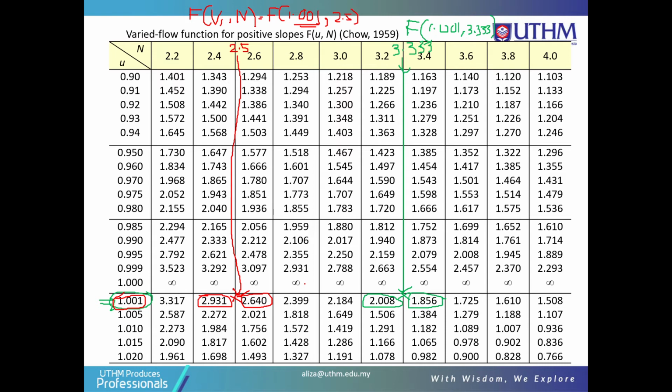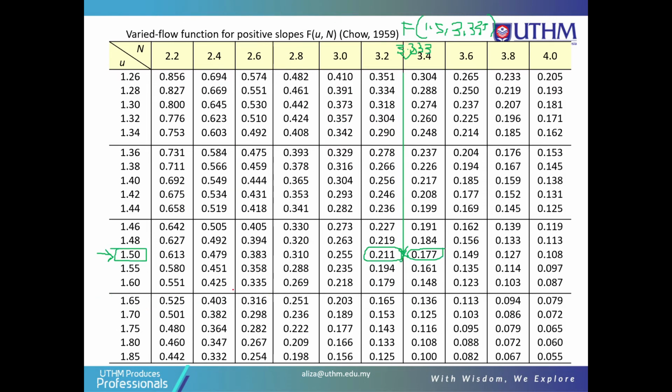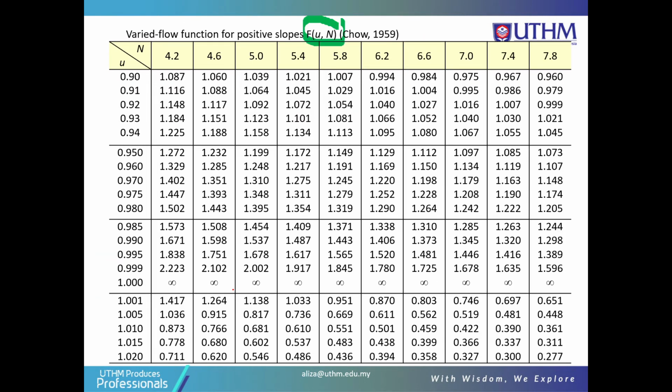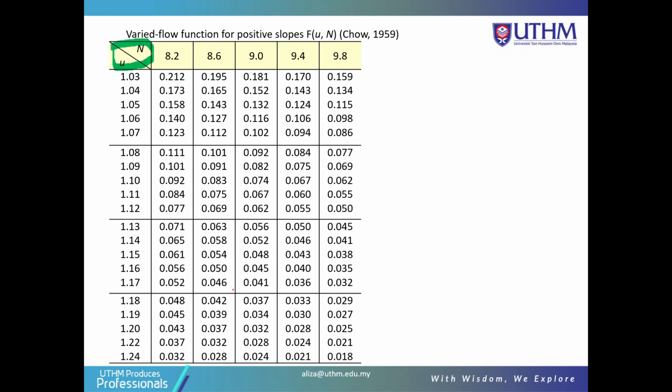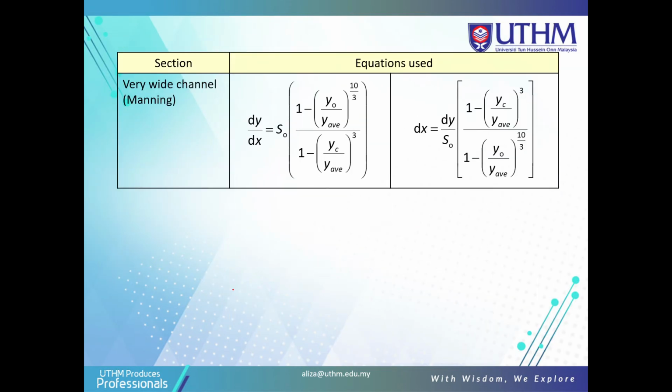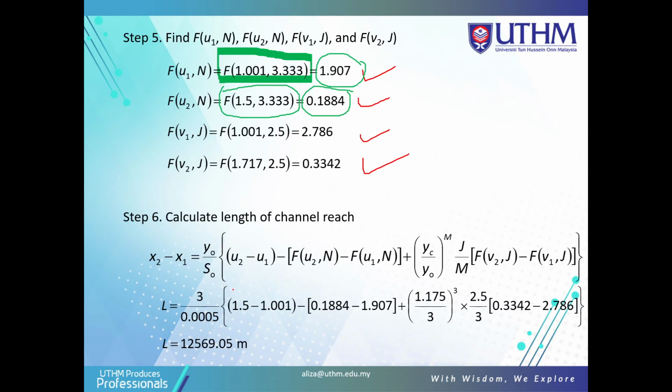And this 1.001 and 2.4, F1 and N. So until you get from this equation here, until you get the value here.